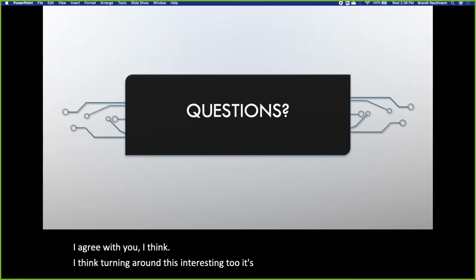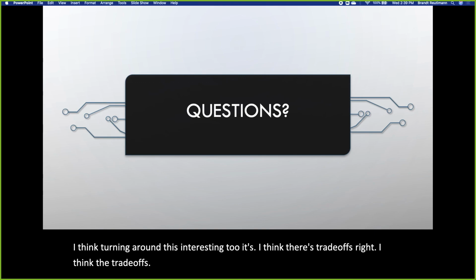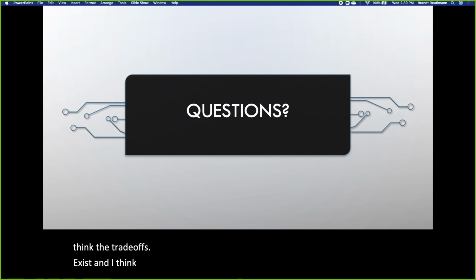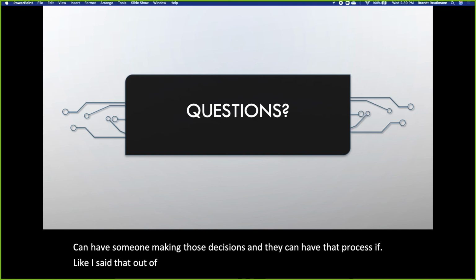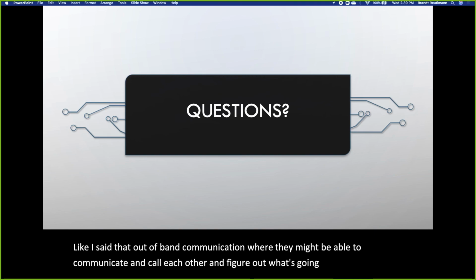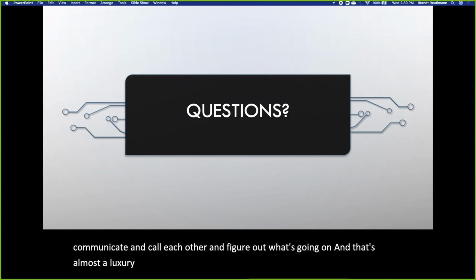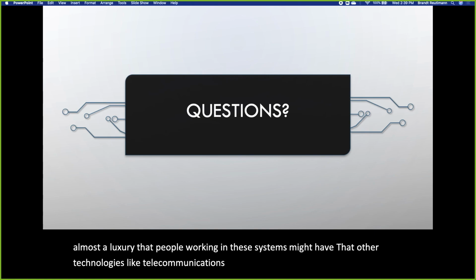I think there are trade-offs, right? I think the trade-offs exist, and again, the gas system can have someone making those decisions, and they can have that out-of-band communication where they can call each other and figure out what's going on, and that's almost a luxury that people working in these systems might have that other technologies like telecommunications and electrical might not have.